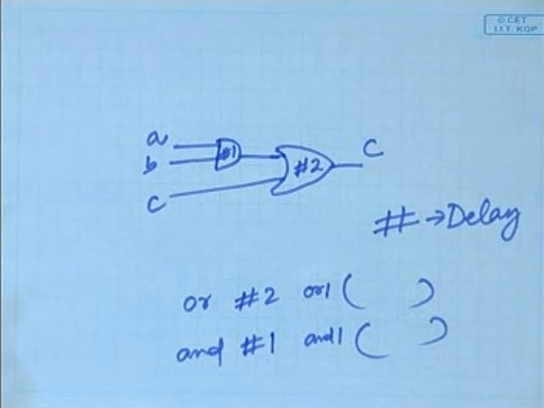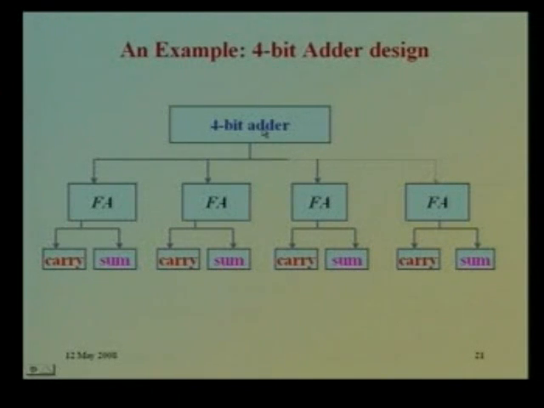Now for example, I am talking about the 4-bit adder design. A similar approach is followed, we will go from top to bottom and then bottom up. In the top to bottom, the 4-bit adder has 4 full adders, you know it, right? Each full adder can be divided into 2 logics, one is the sum logic and another is the carry logic.